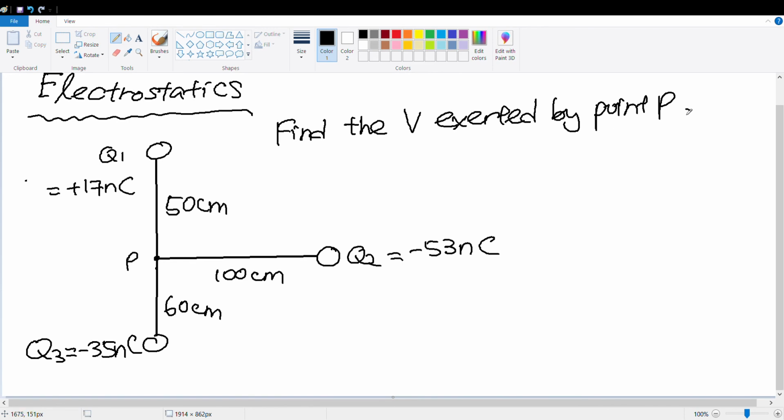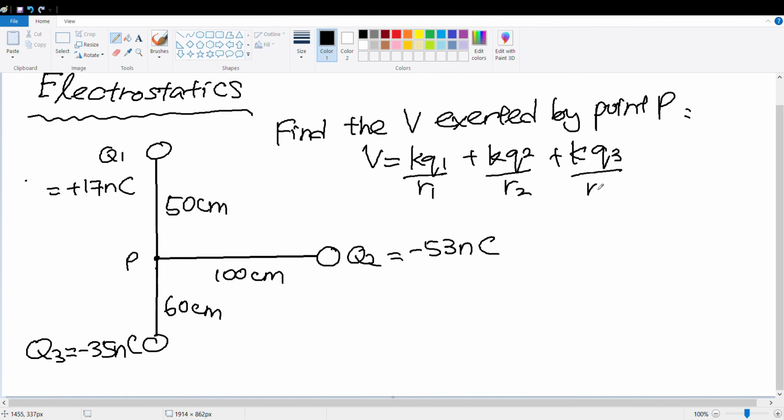We know that the electric potential is a scalar quantity which has no direction, so the electric potential is the sum of the electric potentials produced by the multiple charges. The formula is KQ1 over R1 plus KQ2 over R2 plus KQ3 over R3.